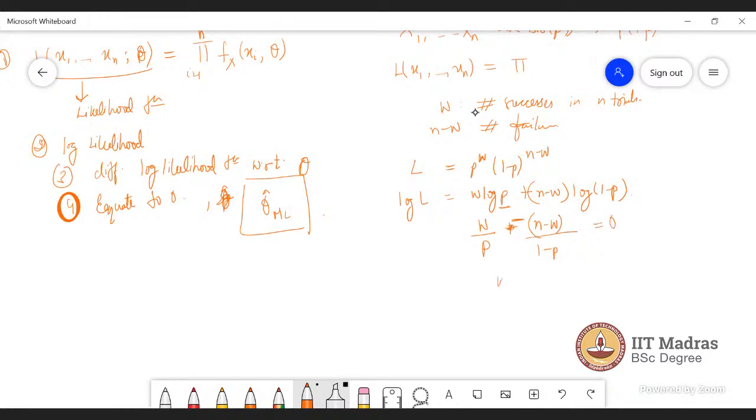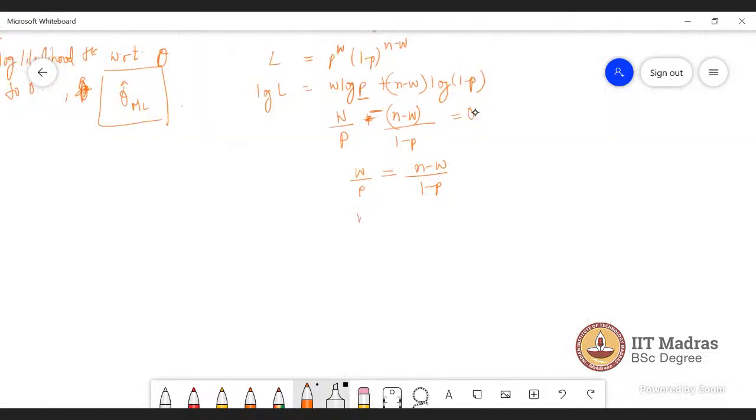Once you do it, you get W upon p equals (n minus W) upon (1 minus p), and it becomes W minus Wp equals np minus Wp. This gives you p equals W upon n, which is nothing but again the sample mean. So the ML estimator of p is just the sample mean.